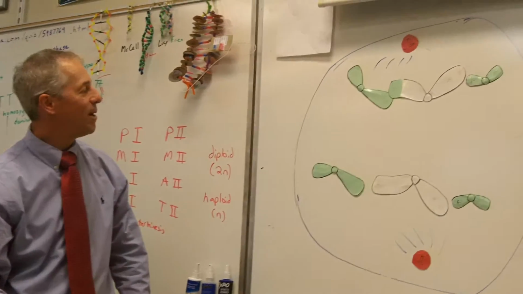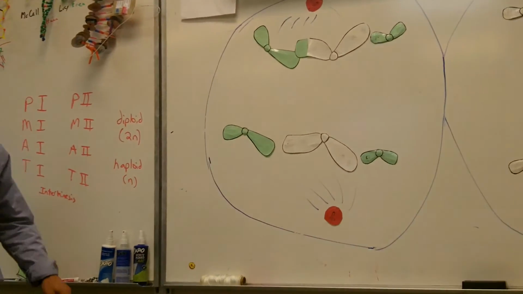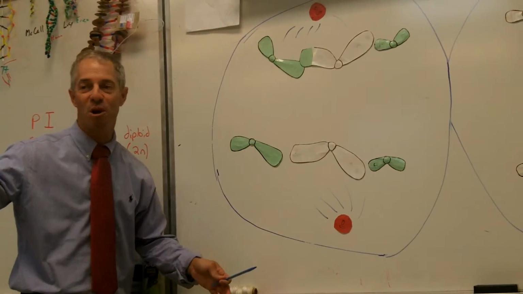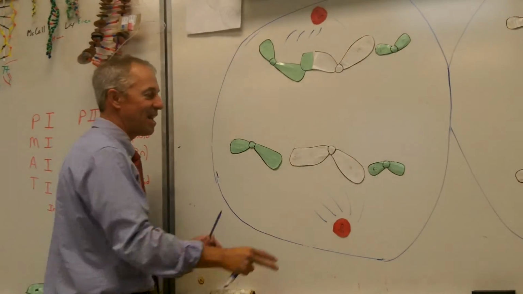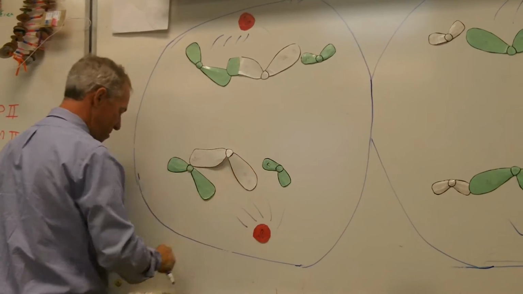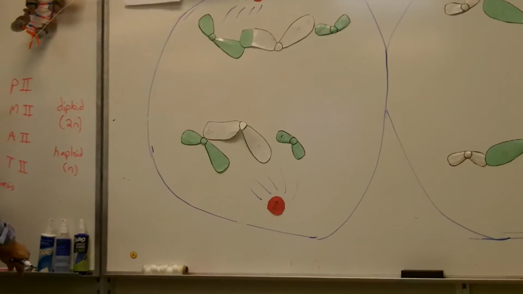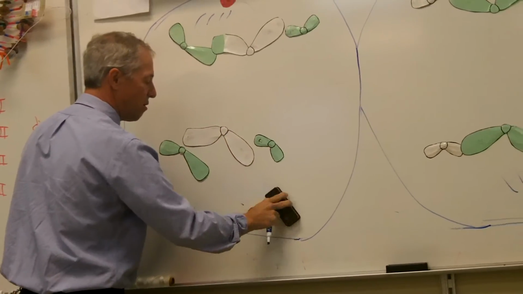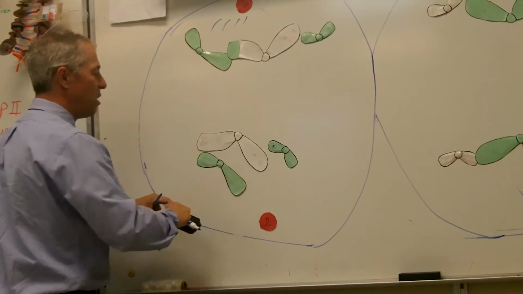Now, we go to telophase 2. We're about to have sperm cells, y'all. Telophase 2, these chromosomes arrive at opposite ends. These spindle fibers disappear.